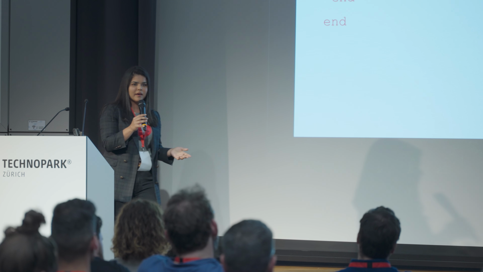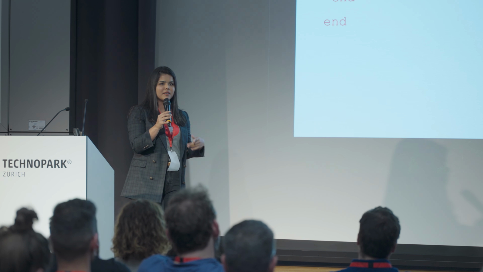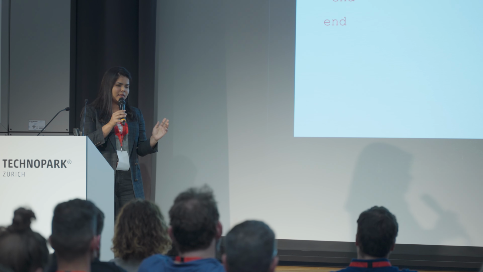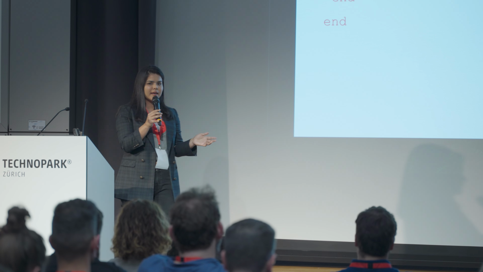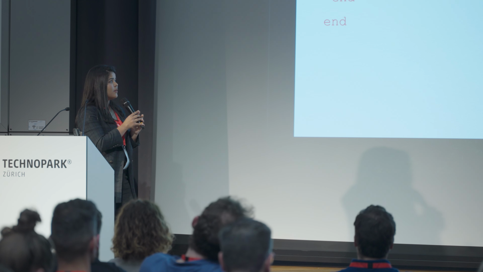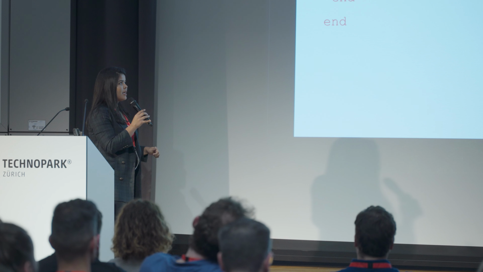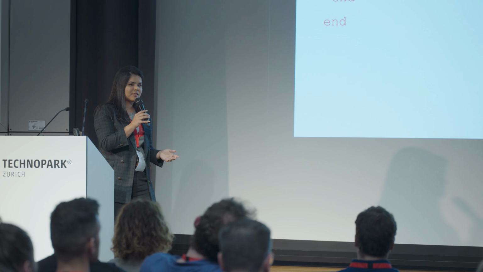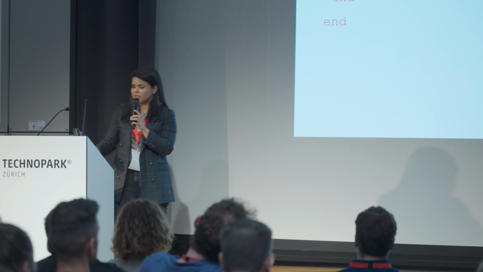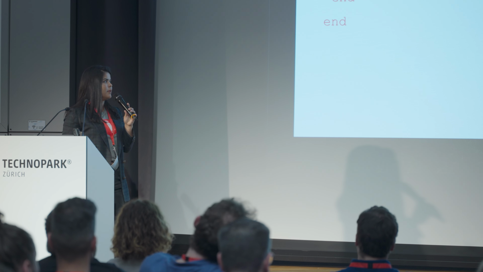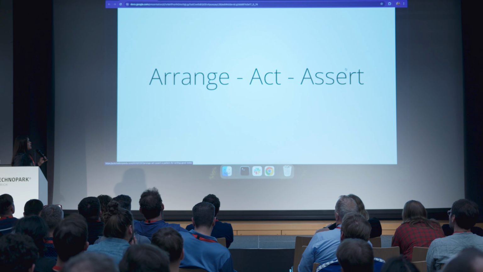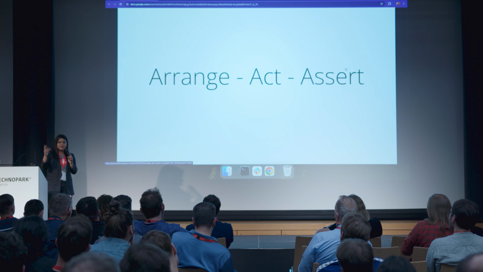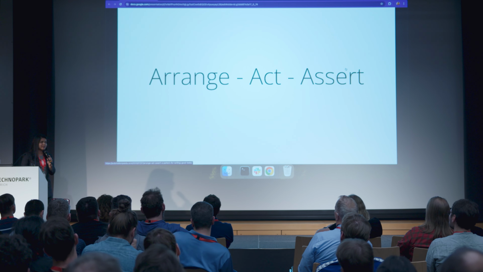You may also find out that the lets, if they are not lazy, just create a bunch of database data that you don't really care about for your specific test. So I always default to writing the setup of my tests inline, and then just use lets when it's really needed, when the use case is really explicit to me. So I try to follow arrange, act, assert, and have them all very explicit inside my test block.